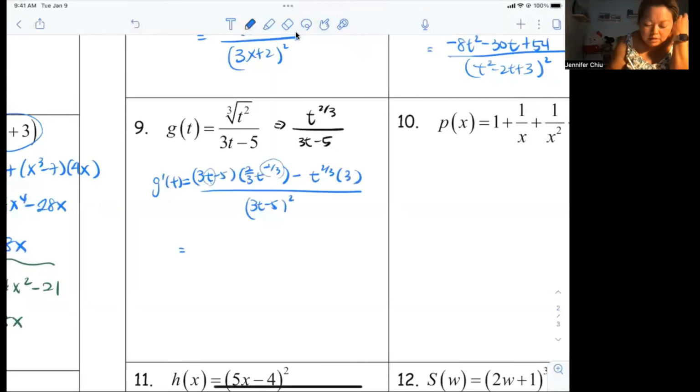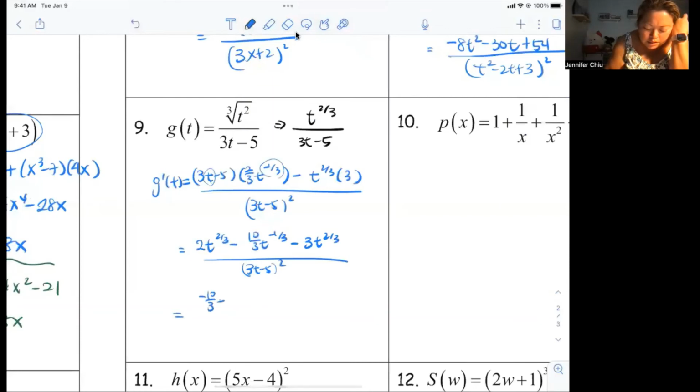So when you combine those, you get 2t to the 2/3 minus 10 over 3t to the negative 1/3 minus 3t to the 2/3, all over 3t minus 5 squared. That will give me negative 10 over 3t to the negative 1/3 minus t to the 2/3 all over 3t minus 5 squared. Let me do a quick check here.